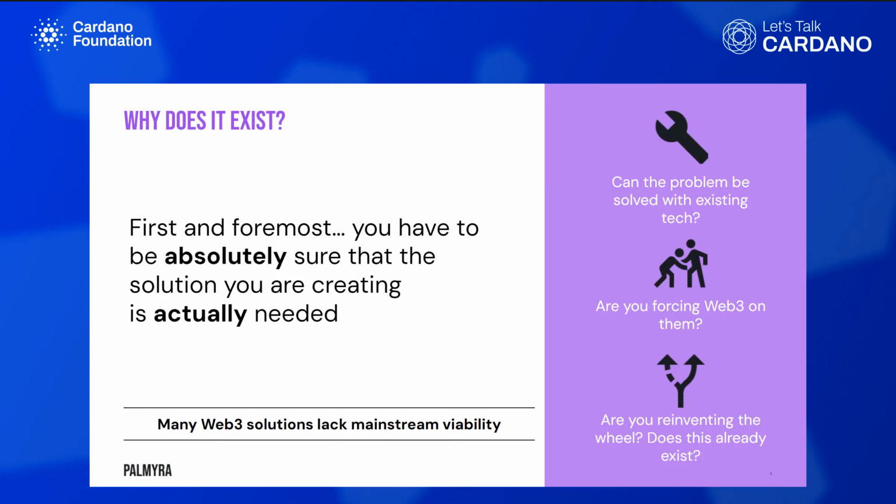So you have to be absolutely sure that the solution is a solution for a problem, not a solution looking to solve a problem. Because solutions looking for a problem will mostly always fail, because it's just a backwards way of doing things. You have a problem, you get a solution for it. You don't look for a solution just because.